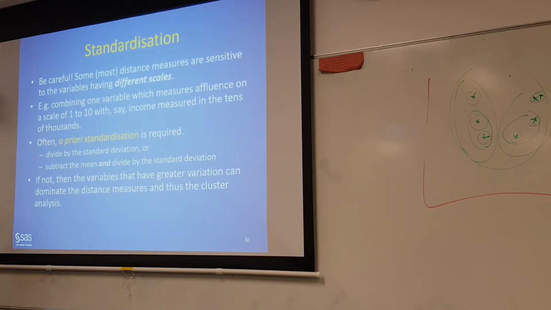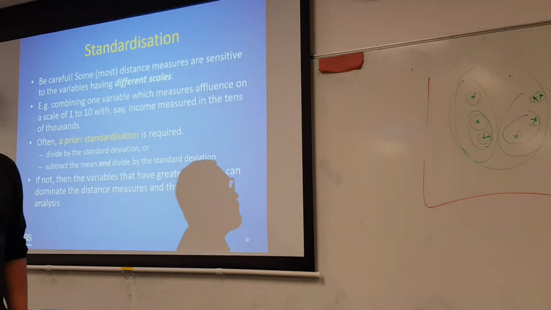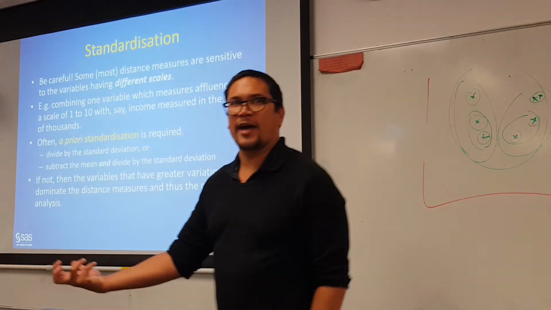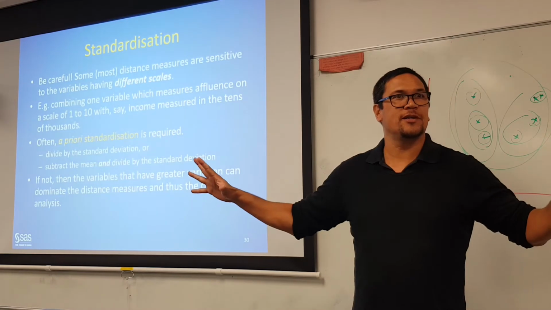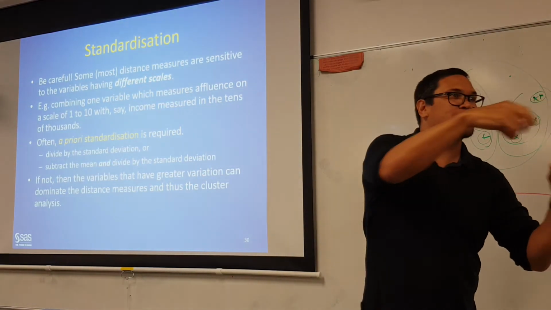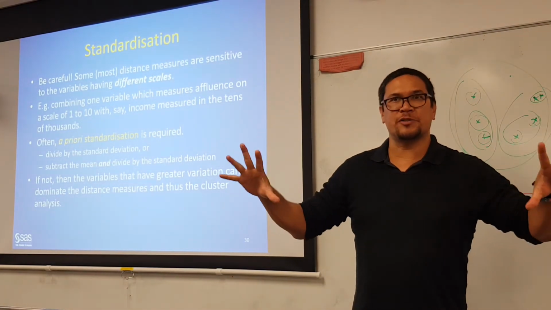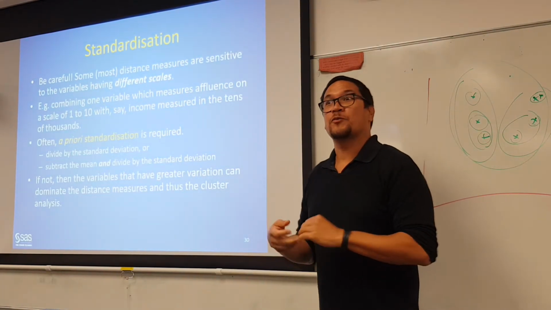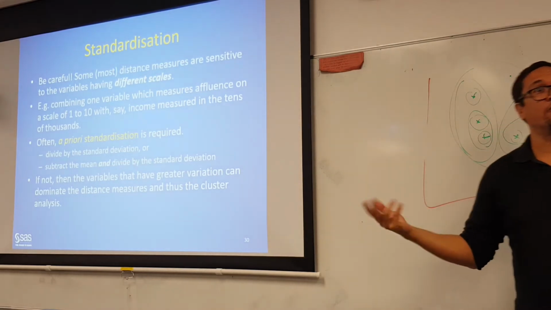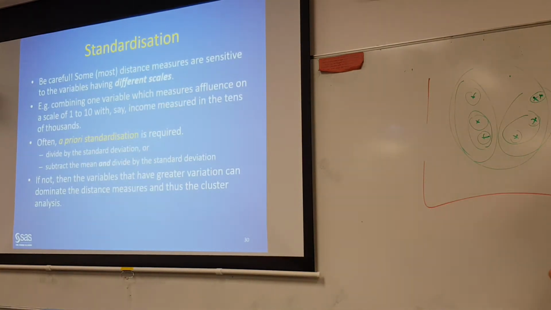Standardization is typically done, right? The only time you wouldn't do it would be if your variables are measured on a similar scale and the differences in variation that you see between the variables are actual real differences that you want to use to drive the clusters, right? That would really be the only time I can think of where you wouldn't want to standardize.